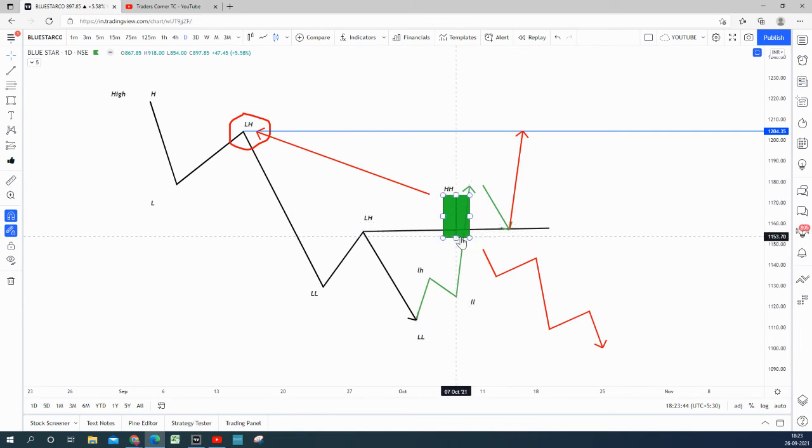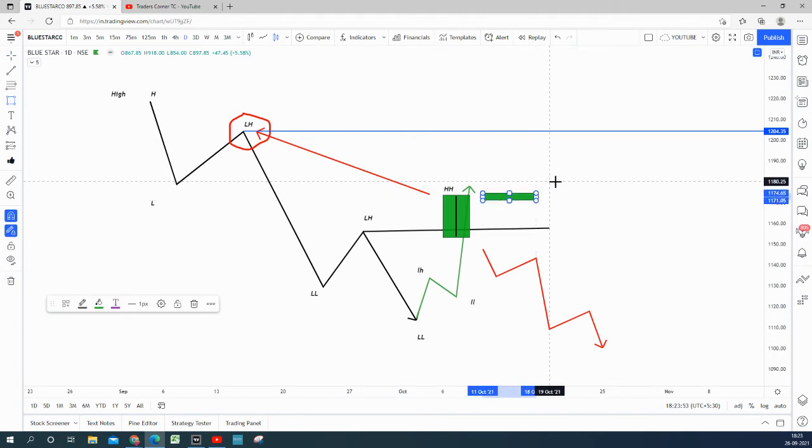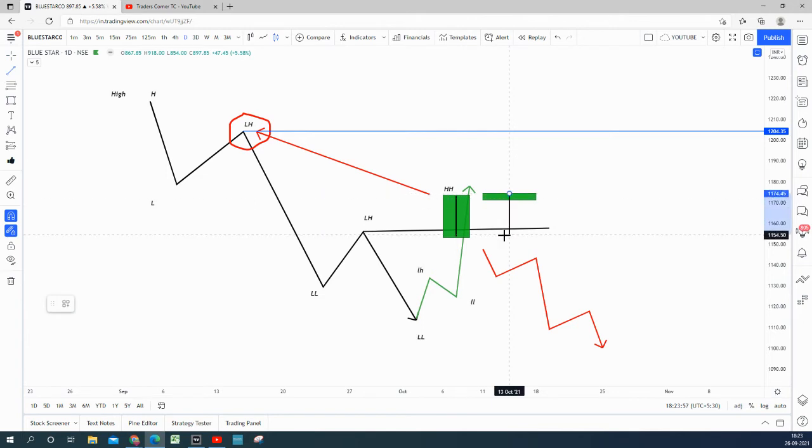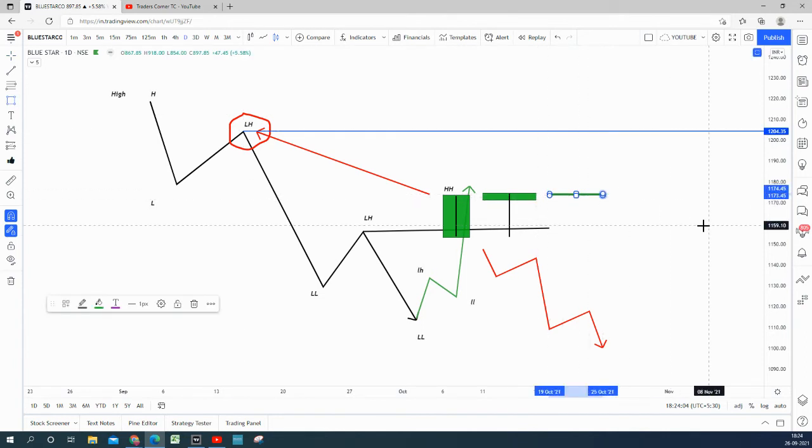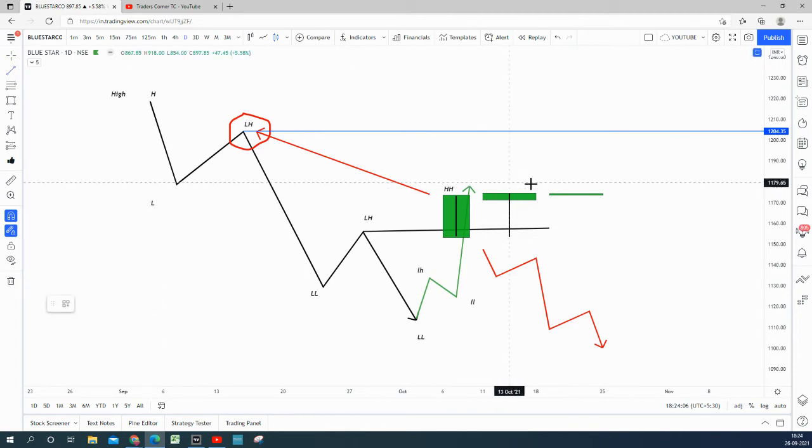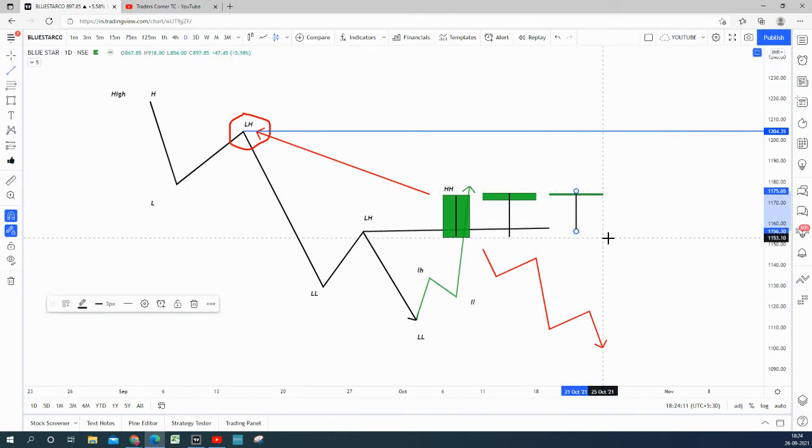It can be a solid green candle, it can be a solid hammer, it can be a Dragonfly doji. If you have any of these candles breaking over the previous high, these candles are valid.